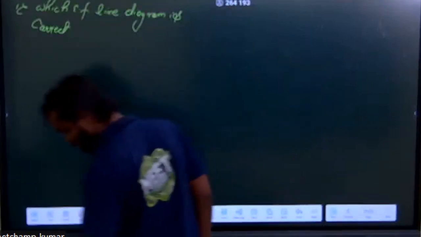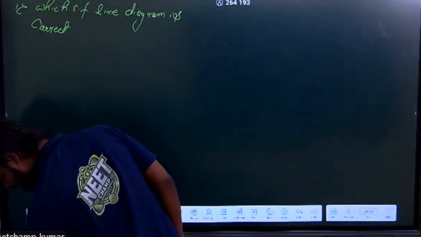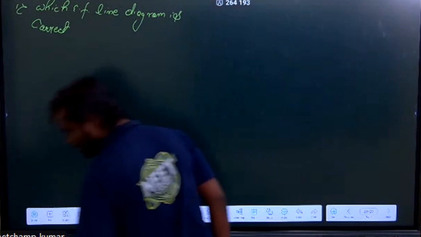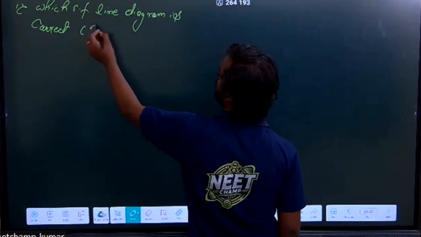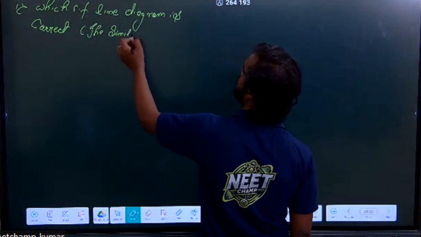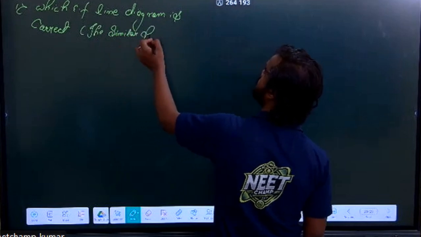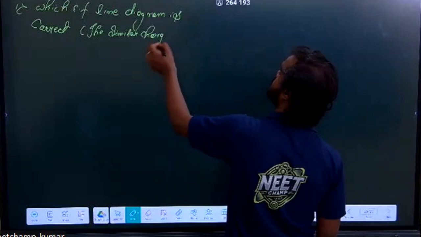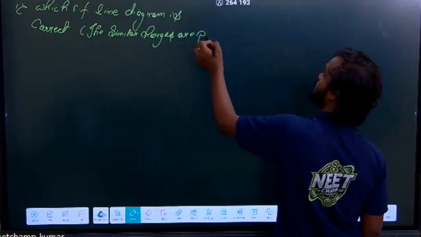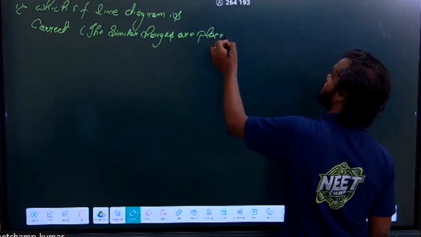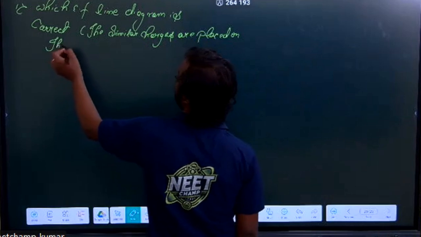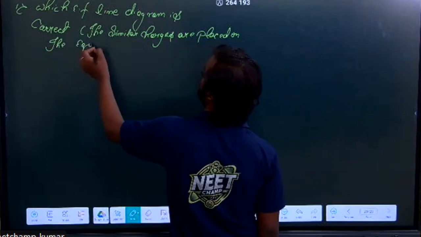And the configuration they have given is that similar charges are placed on an equilateral triangle.